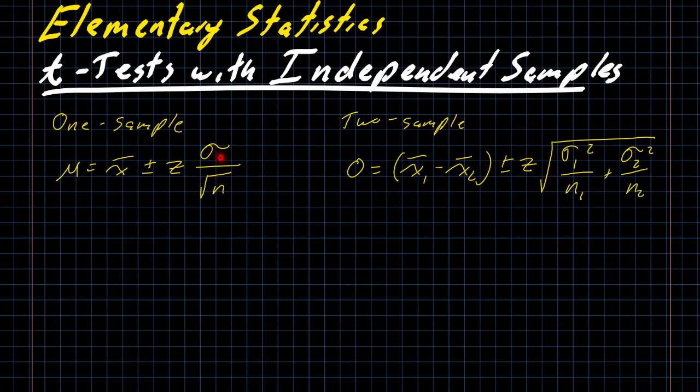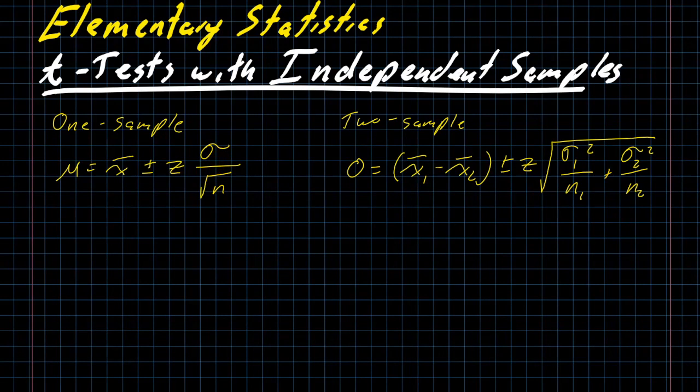We took this fraction, sigma over the square root of n, for each of the two samples. We squared them, added them together, and then took the square root. That's how we went from a one sample to a two sample situation.